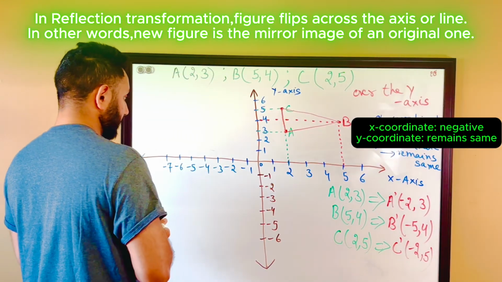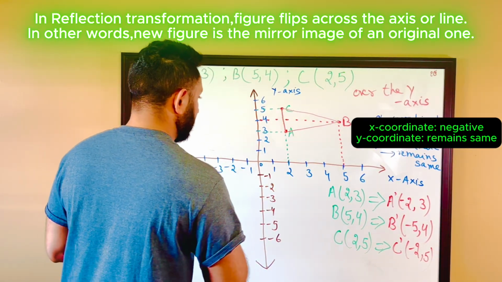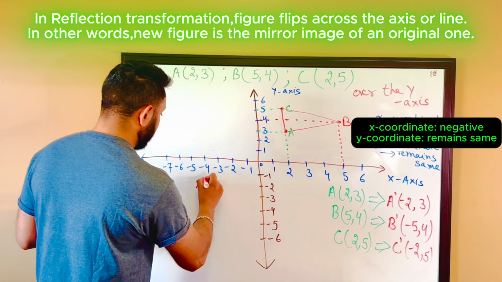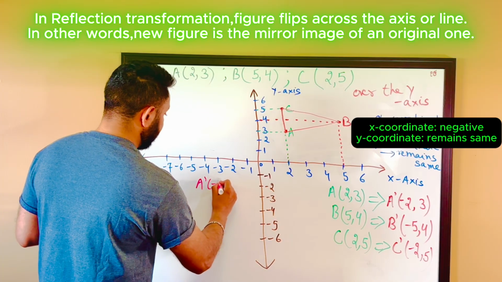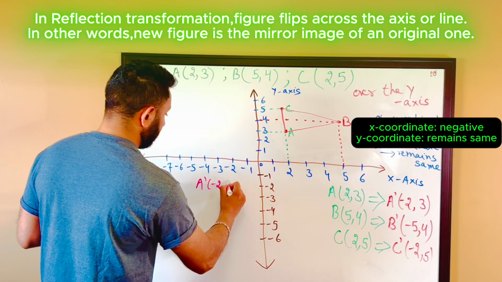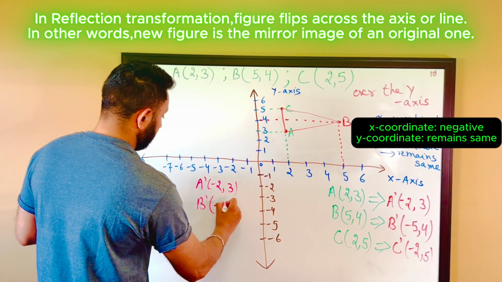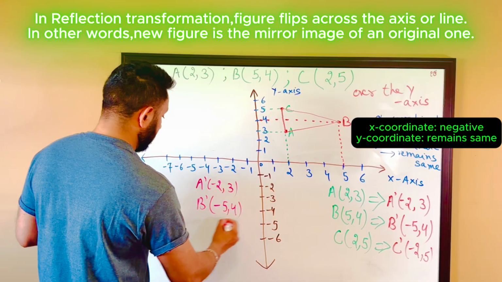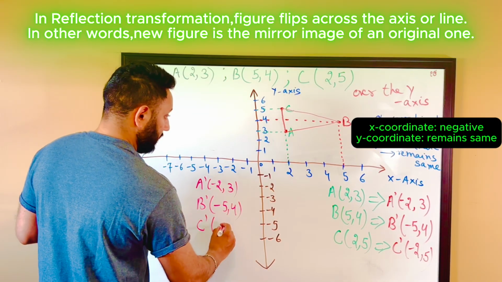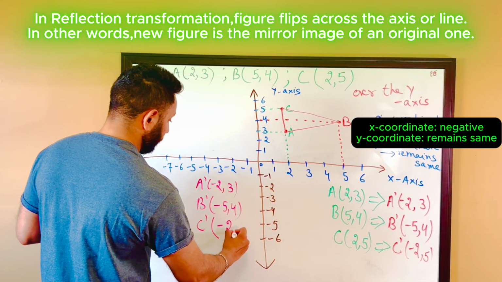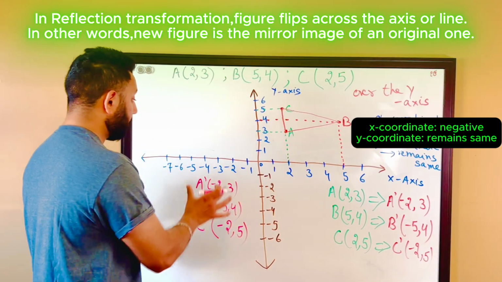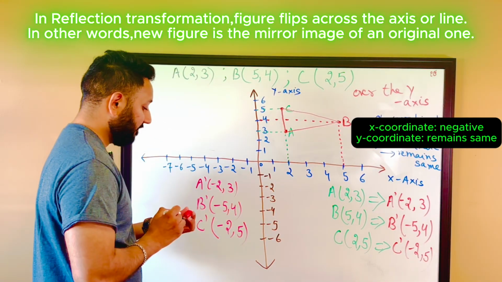So our new coordinates are -2, 3, -5, 4, and -2 and 5. Now we're gonna mark these coordinates here on the graph.